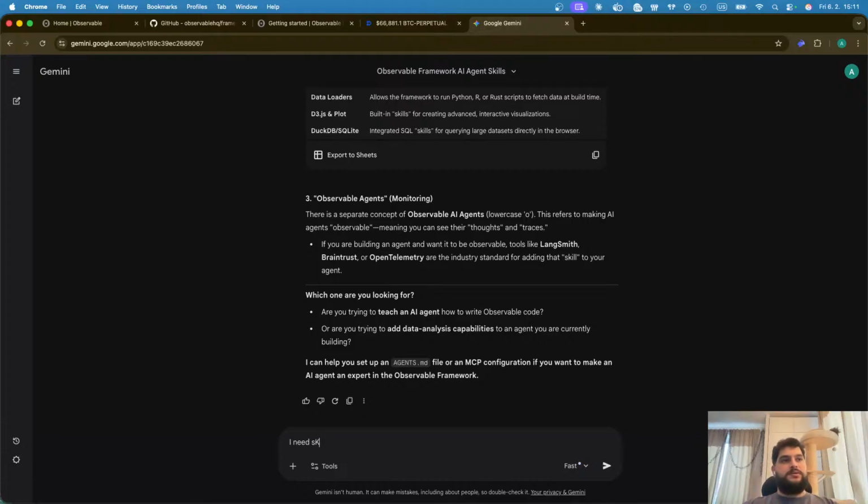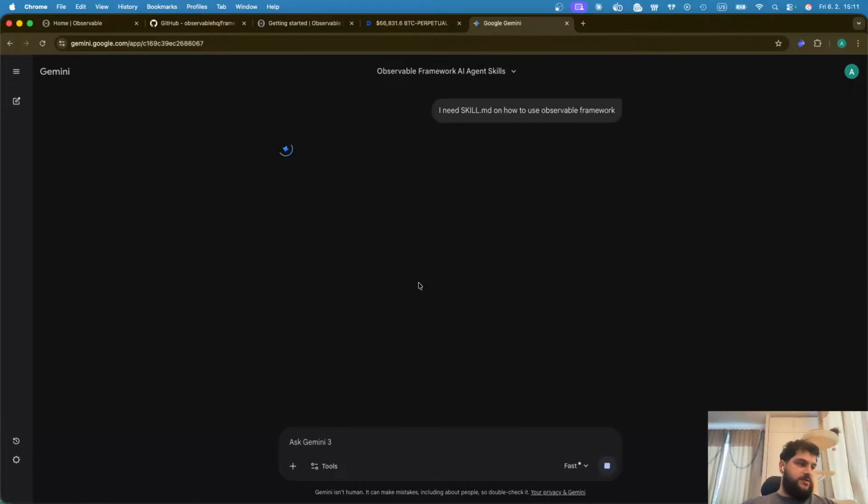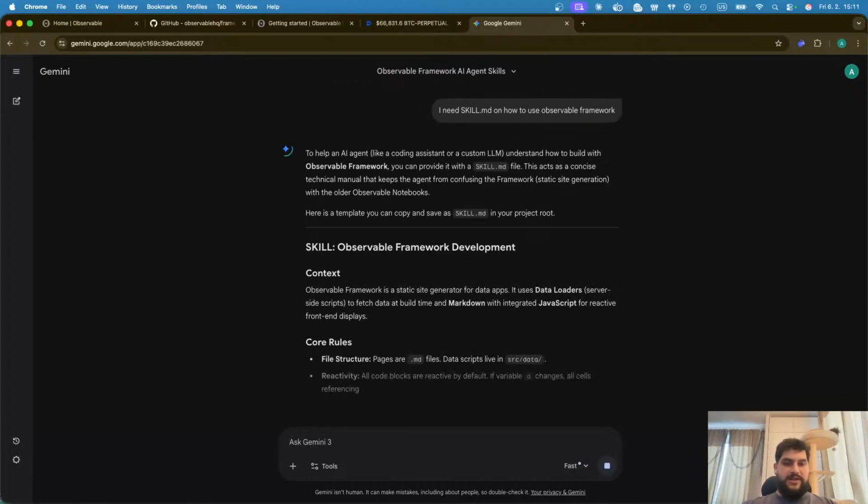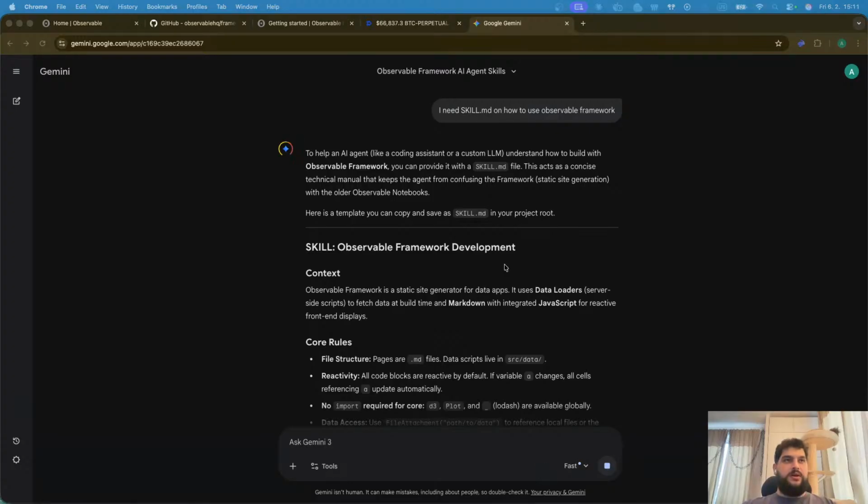I need a skill MD on how to use Observable Framework. We can do without the skill, of course, but it will just take more time for the agent to do the agentic search over the documentation.